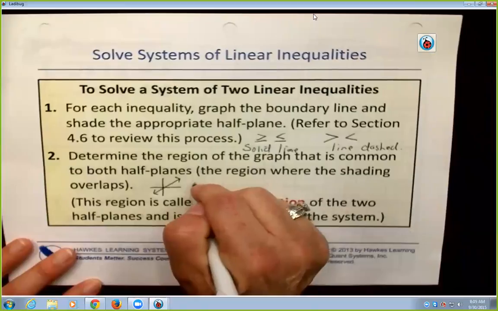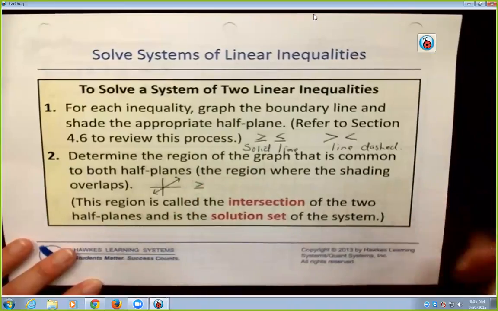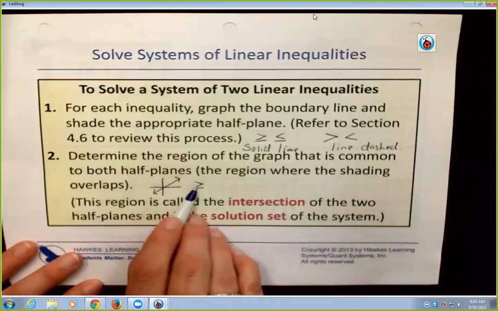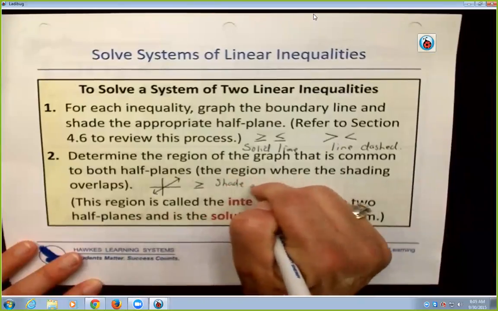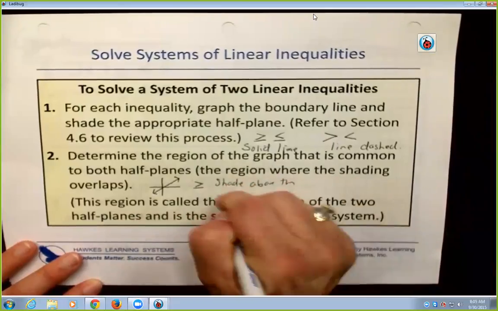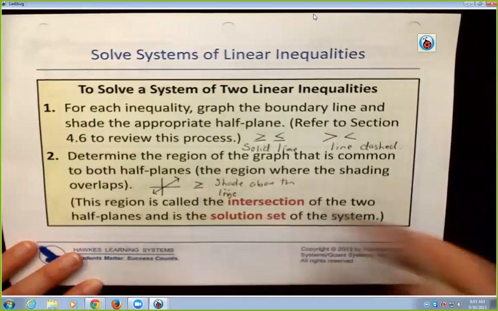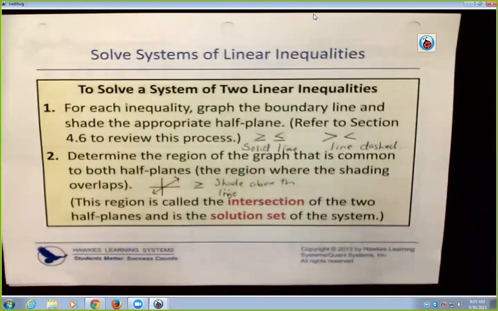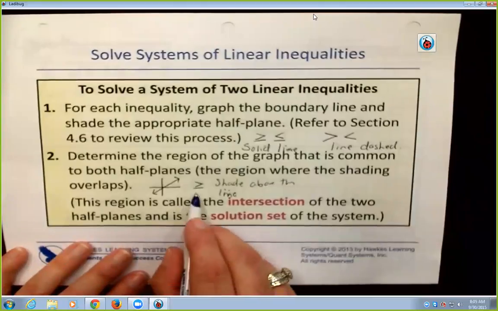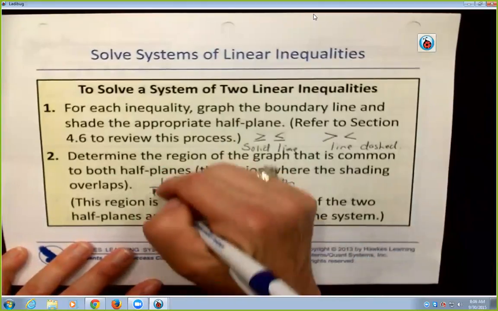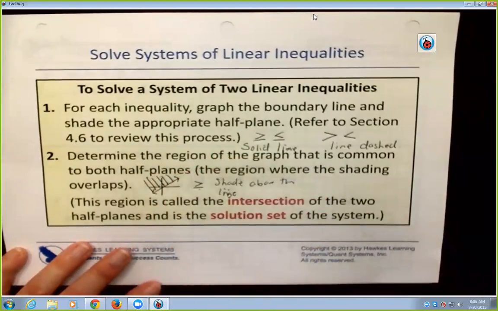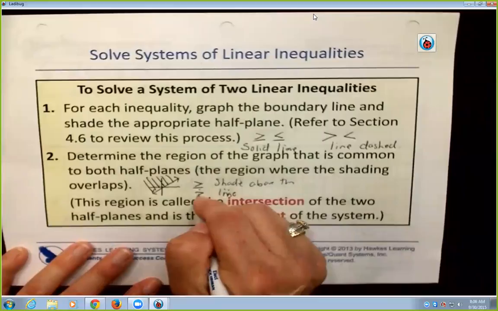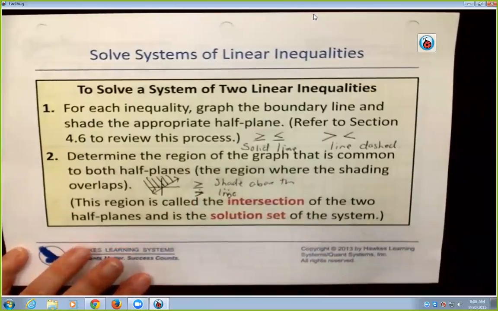So if I had a greater than or equal to, or a greater than, we shade above the line. So that means that if I had this greater than, this is of course not a particular line, I will shade above the line.